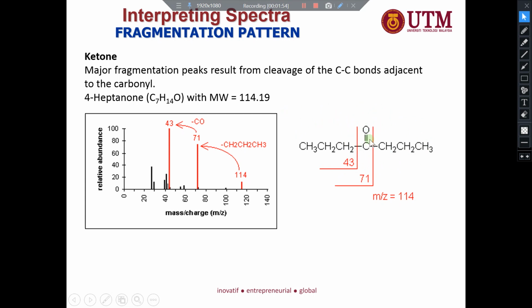This might be confusing, but actually it just cuts here, so either you get the radical here or the radical there, and the cation on the other. But if it's not symmetrical, with a secondary on one side and a tertiary on the other, it will cleave there, and this one becomes your most abundant. The others are present, but their relative abundance is not that great.